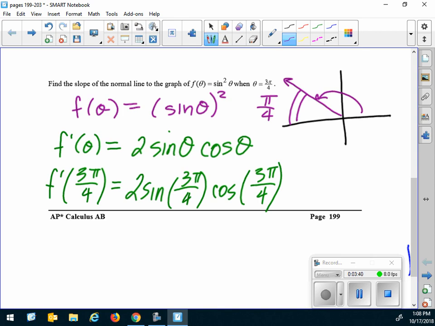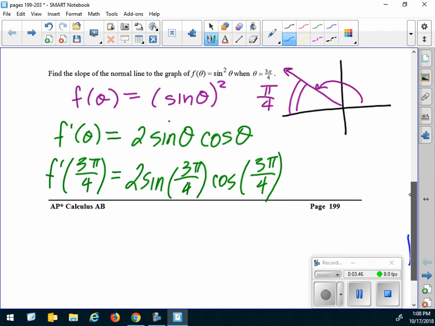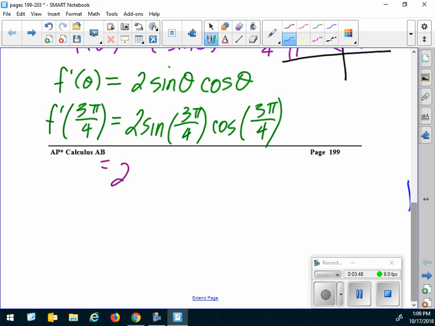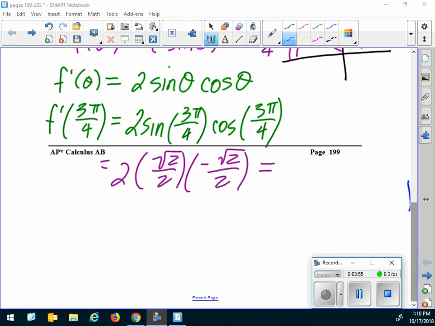What's the sine of 3 pi over 4? Square root 2 over 2. What's the cosine of 3 pi over 4? Negative square root 2 over 2. There you go. So this is 2 times... all right, so what do we get? We get 2, 4 divided by 4. We get negative 1.